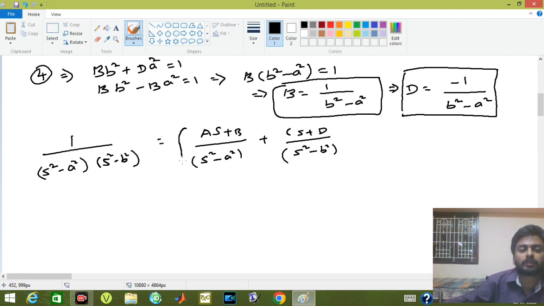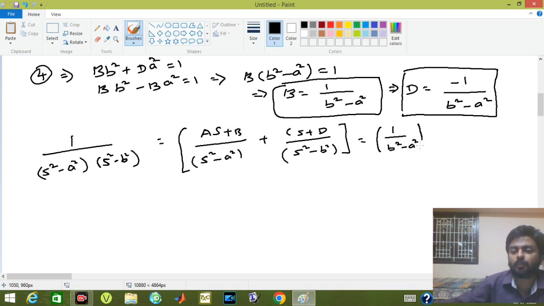You have to substitute all the values here. On substituting, the value of a equal to 0 and c equal to 0, so you will have b and d values alone. The value of b is 1 by b² minus a².